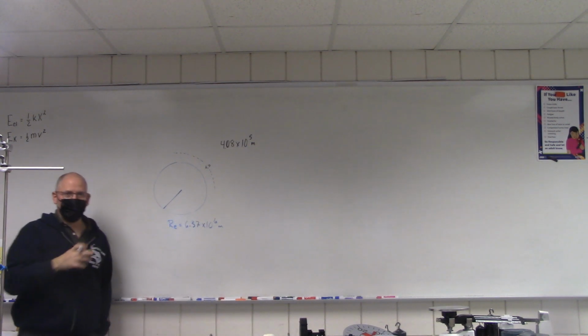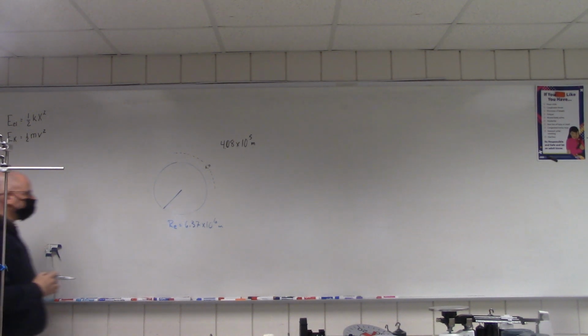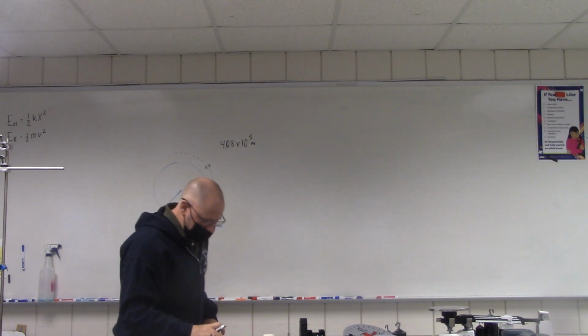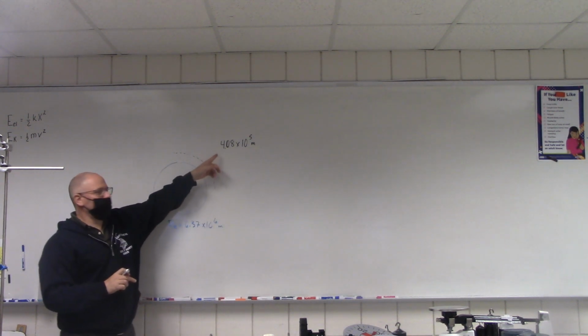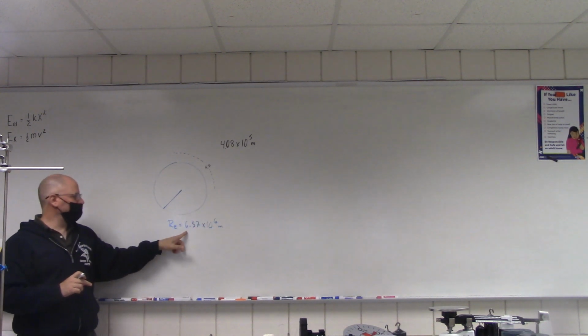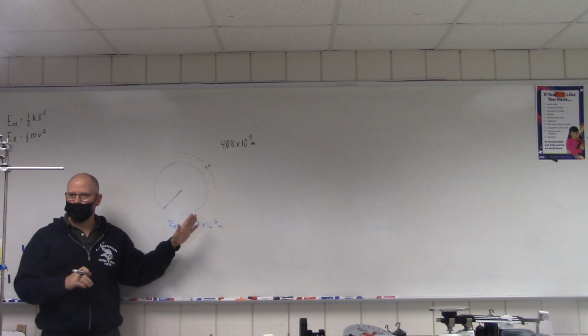Now, if you're paying attention to the exponents, one is times 10 to the 5th, the other is times 10 to the 6th. So this is like 4, this would be like 63. Does that make sense? You guys with me on how the exponents work?